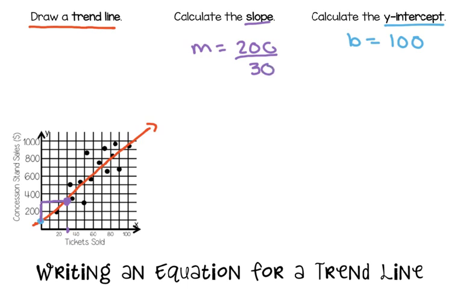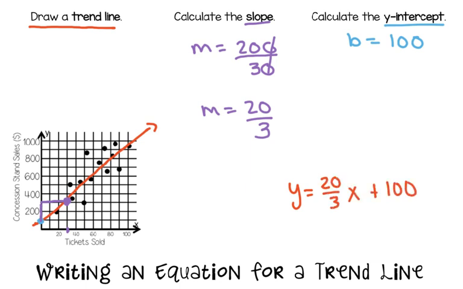So I want to reduce that slope so I can see that this is going to become 20 over 3. So my equation would be y equals 20/3 x plus 100. You could also change that to a decimal and do 20 divided by 3. That would be okay as well.